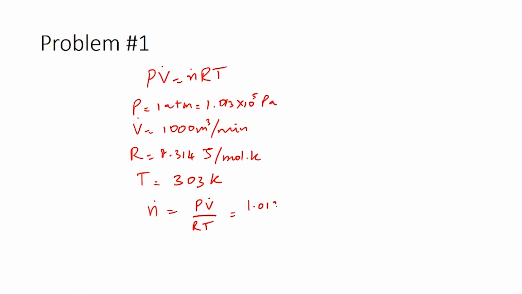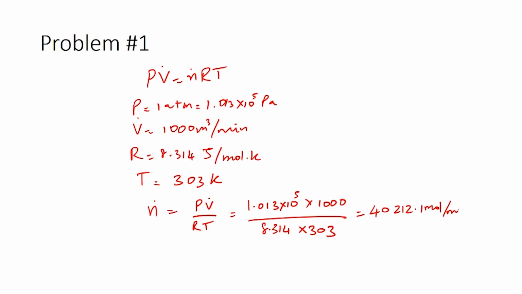So 1.013 times 10 power 5 times 1000 divided by 8.314 times 303 will give you the number of moles per minute. So this value is 40,212.1 moles per minute.